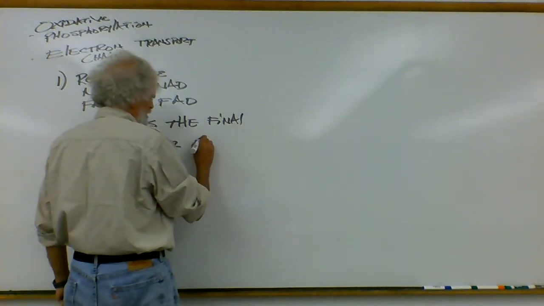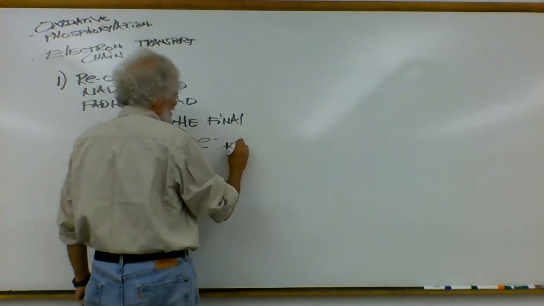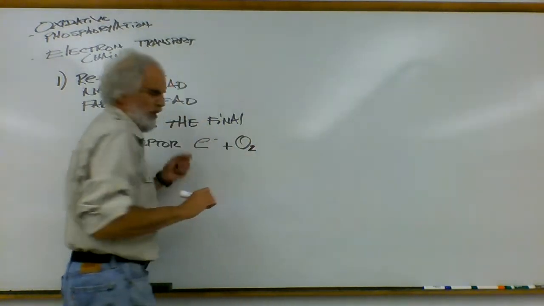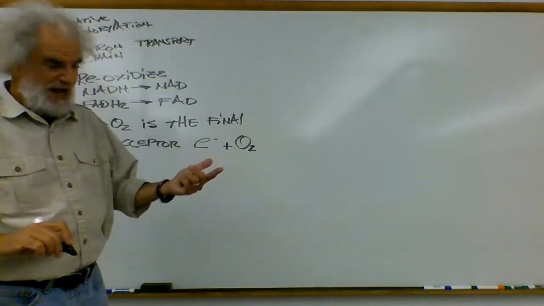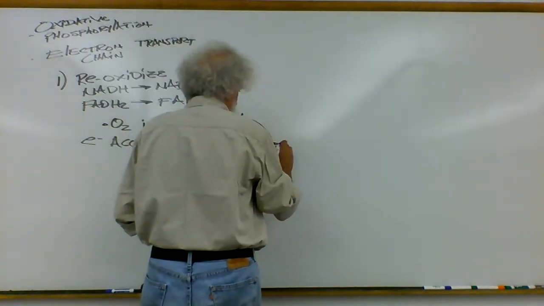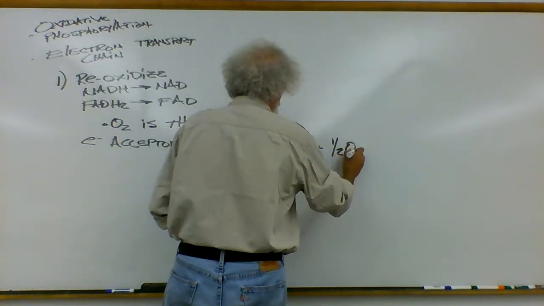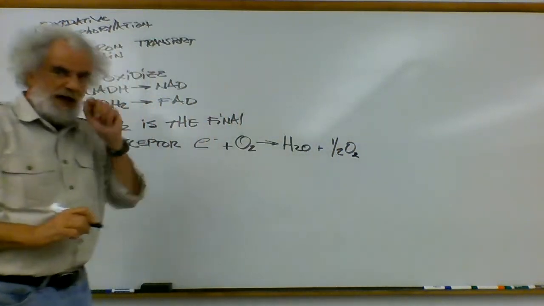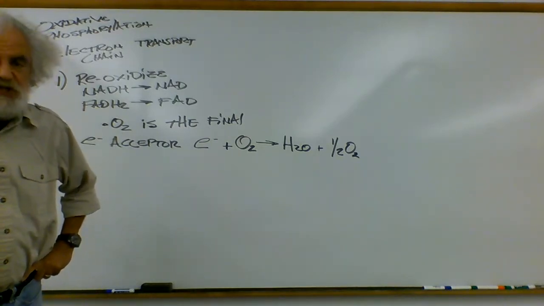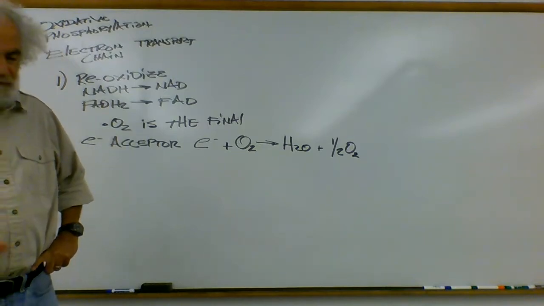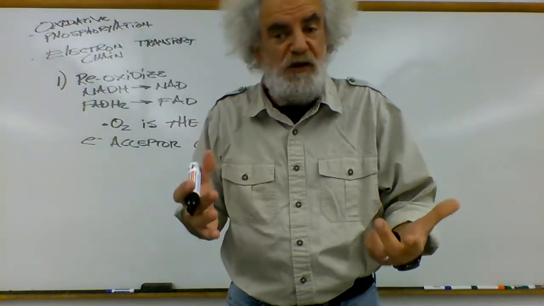An electron and O2 are going to combine. That is to say, oxygen is going to be reduced. It gains an electron, and it becomes a molecule of water, and we're left with the oxygen radical, or 1/2 an O2, that is going to get picked up by the next electron coming down the chain. So that's the number one thing that the electron transport chain is doing with oxygen anyway.